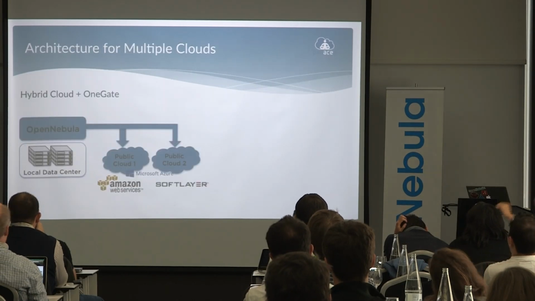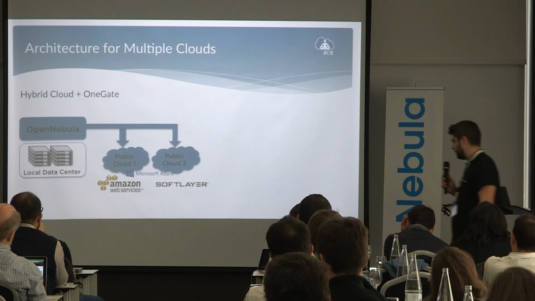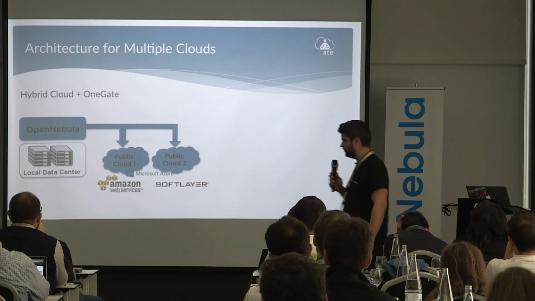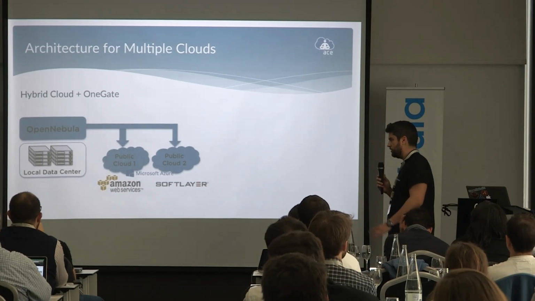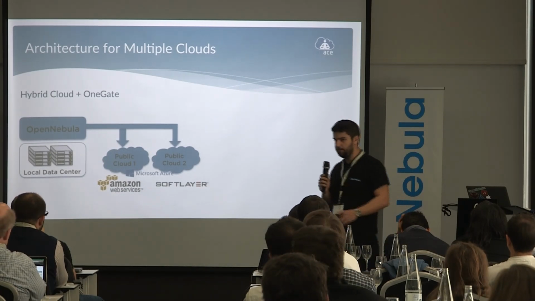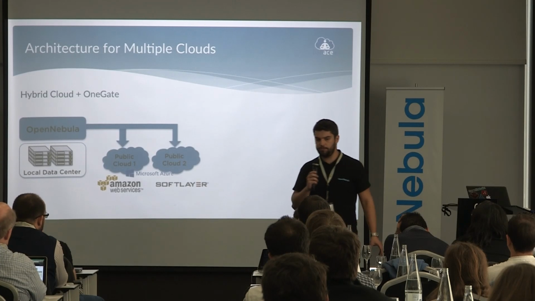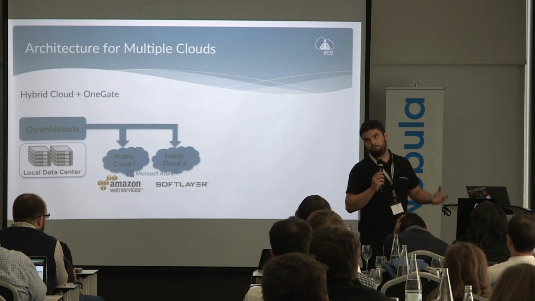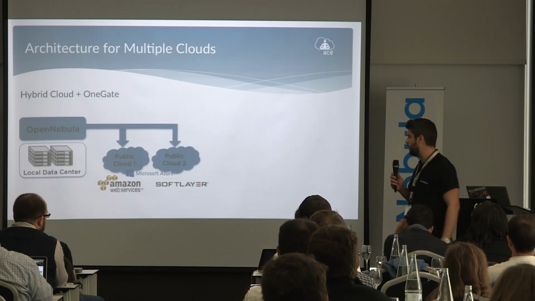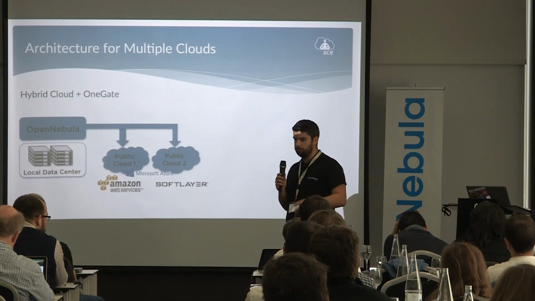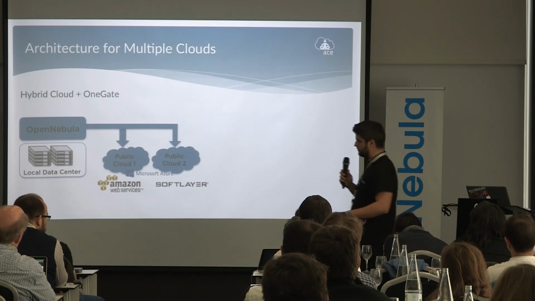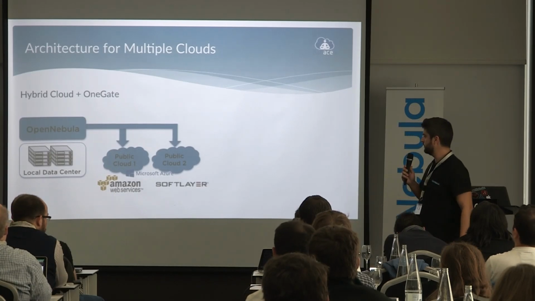What we've been doing during the last year, well, we moved this design to a multi-cloud environment. There we had two options. We could use a federation of different OpenNebula deployments, or we could use a hybrid cloud, a cloud bursting model, where we have a private cloud with OpenNebula, and we use resources from external cloud providers.